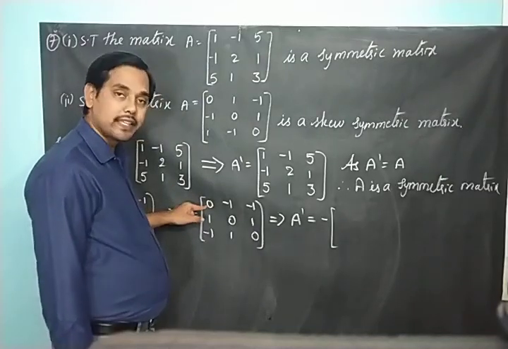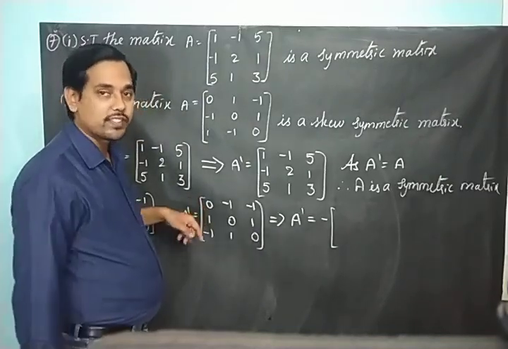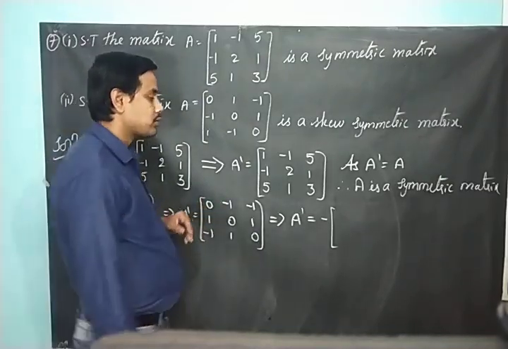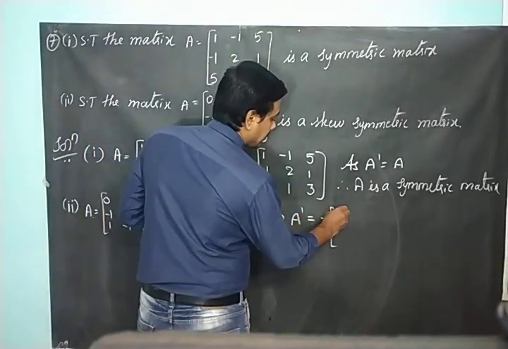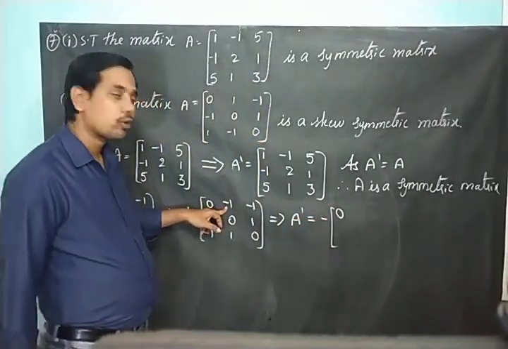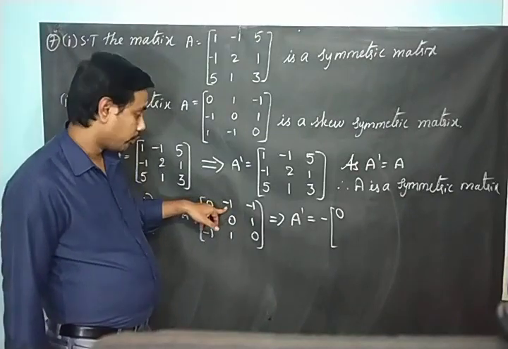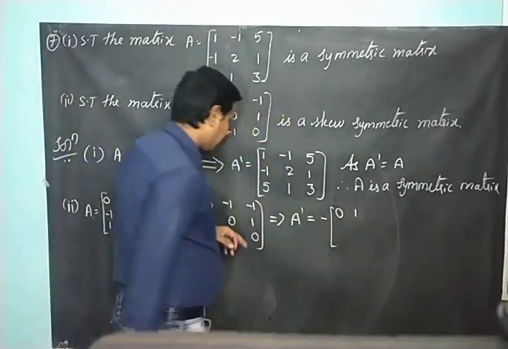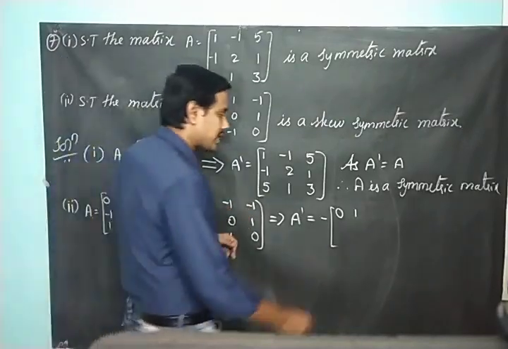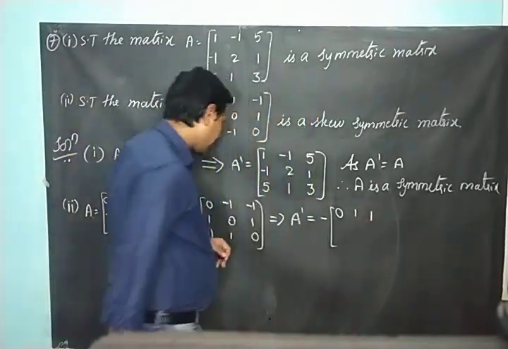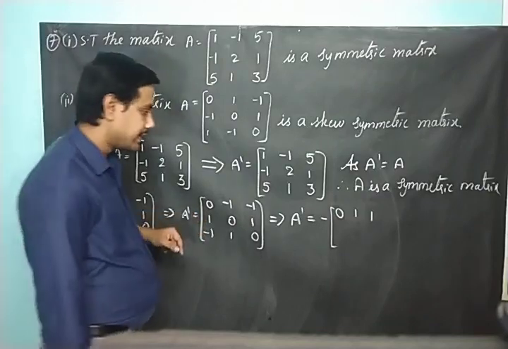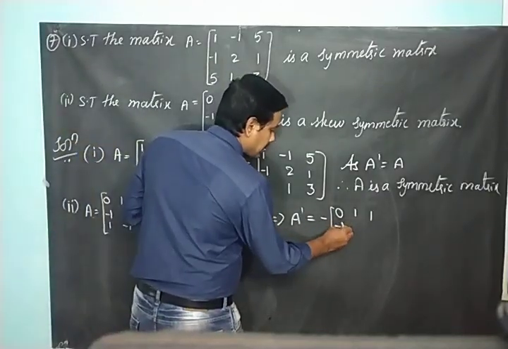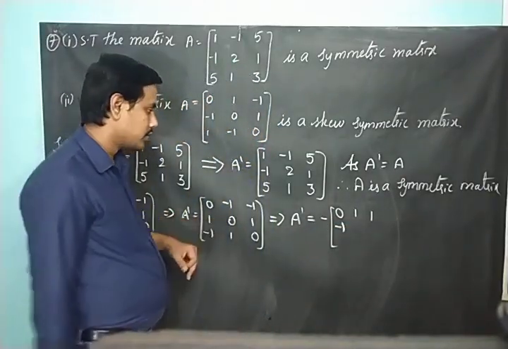So the first element here is 0. Whether it is plus 0 or minus 0 doesn't matter, so let us write it as 0. Coming to minus 1, minus 1 becomes plus 1. And here minus 1, once again it becomes plus 1. Here plus 1 becomes minus 1, and 0 as it is.